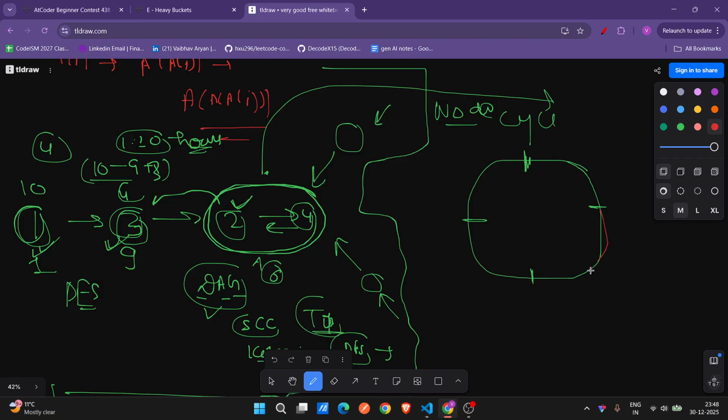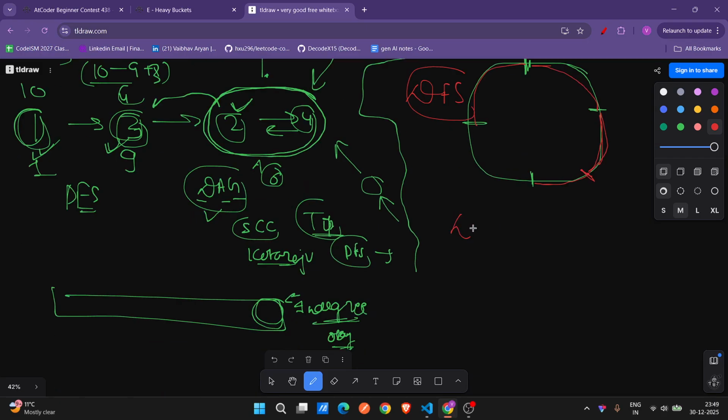Means you should know the answer for this one also, maybe from this one also, maybe from this one also. I'm not saying that is hard. But you have to run DFS again for each cycle, so that you can get the value from here to here and for any part.